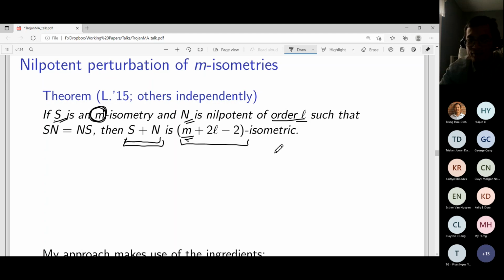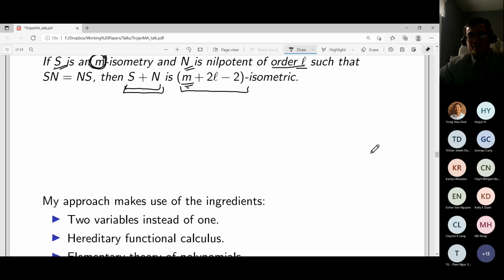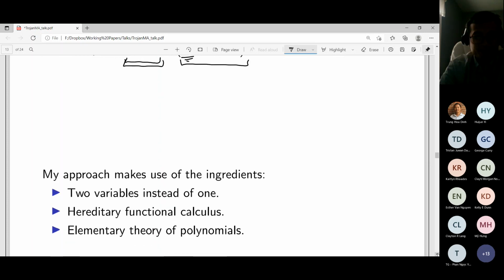So working with two variables seems to be more beneficial. Of course, it would be nice if we teach students several variables first, but that may not be a good idea in calculus, right? And then we use something called hereditary functional calculus, which I will explain. And then the elementary theory of polynomials, basically just binomial expansion.